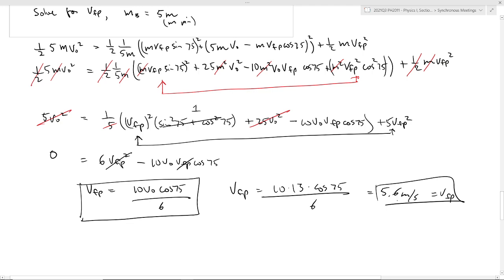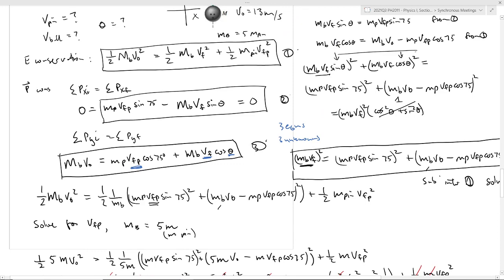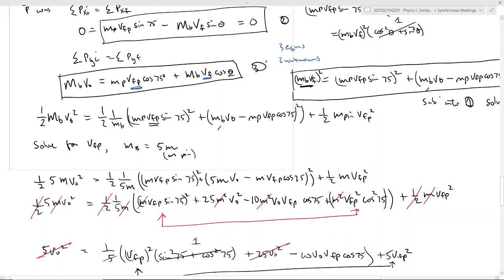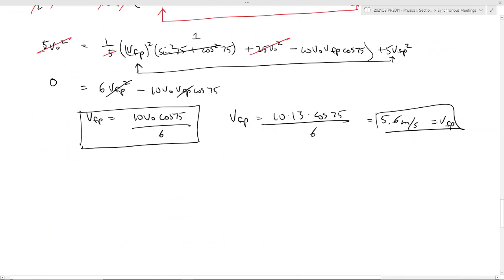All right. What about theta? A lot of algebra. We just found this. What about theta, and what about the final speed of the ball? Well, we can use our equation 1.